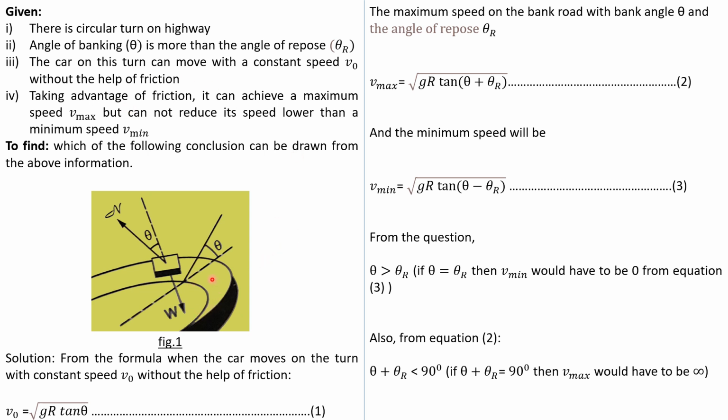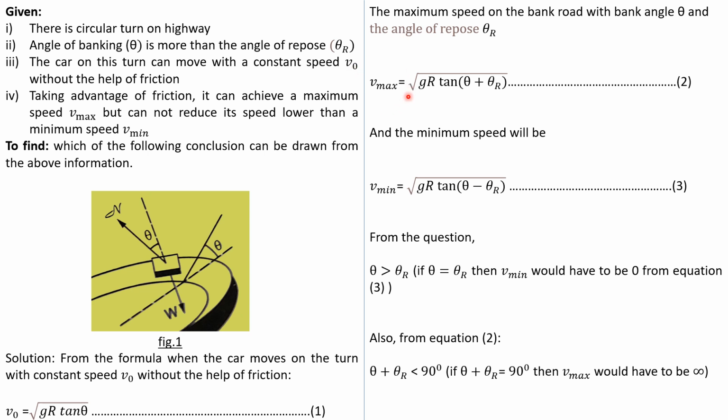So when the car is moving on this turn without the help of friction, we know from the formula that the constant speed at which it should turn is V0 equal to square root of g r tan theta. The maximum speed on the banked road with angle theta and angle of repose theta r is given by this equation, square root of g r tan(theta plus theta r).